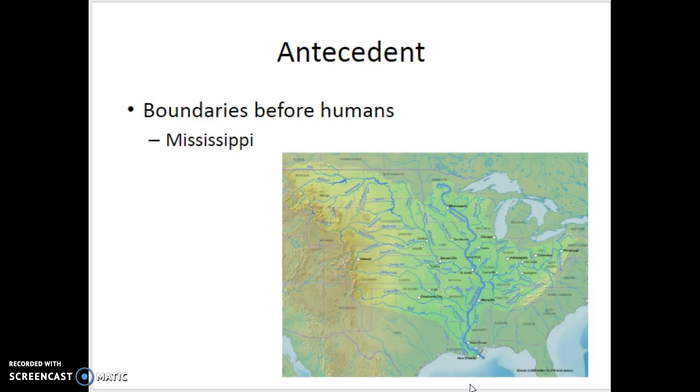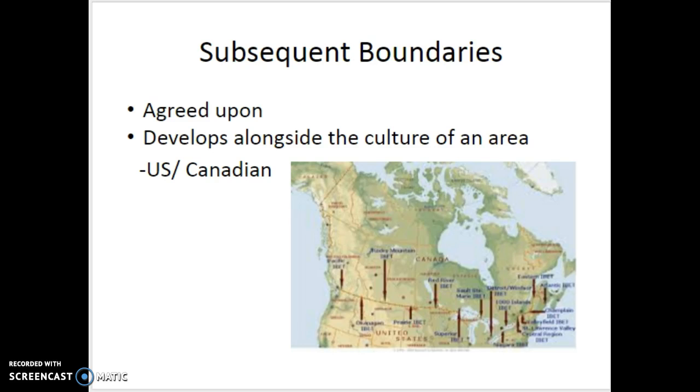And of course, United States history expanded to Western territory. So as geographers, we classify the boundaries that were there even before humans settled as the antecedent category.